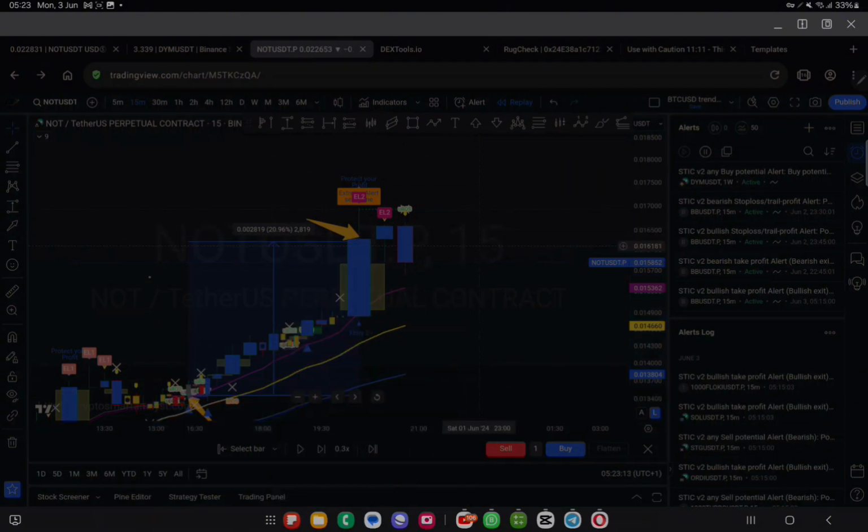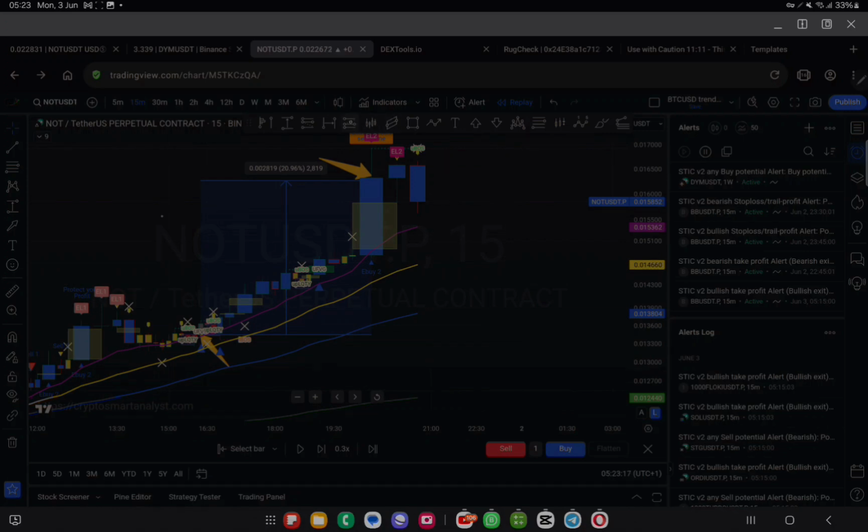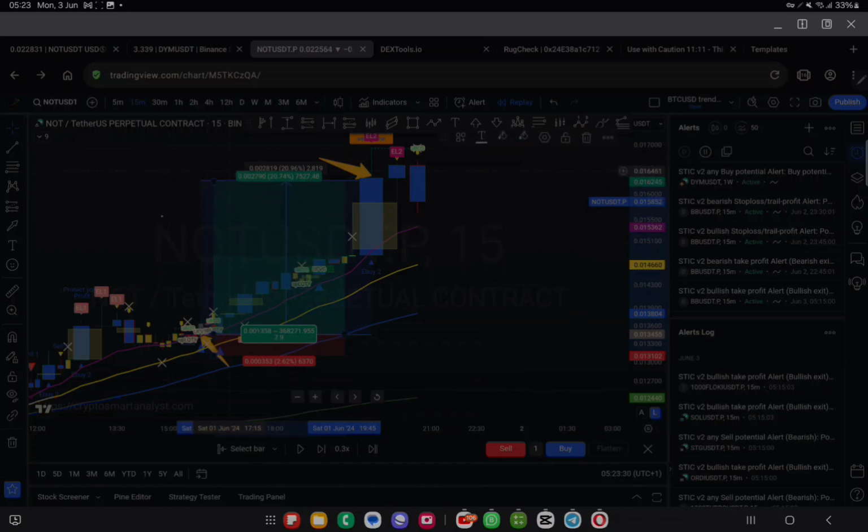Depending on leverage, so let's say depending on my leverage, you long it from here with stop loss here. My stop loss is 2%. With stop loss here, and you go from here to here, that's 7.9x.